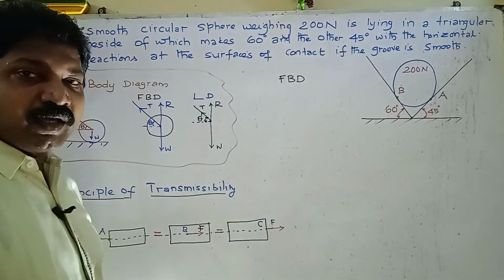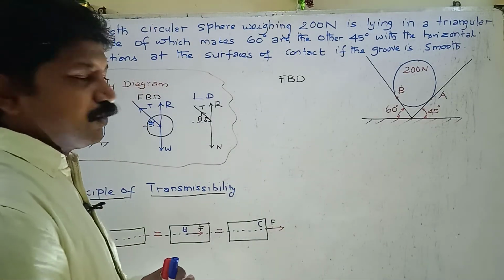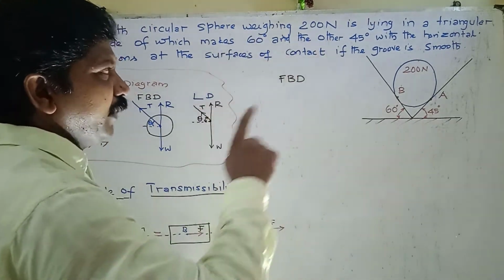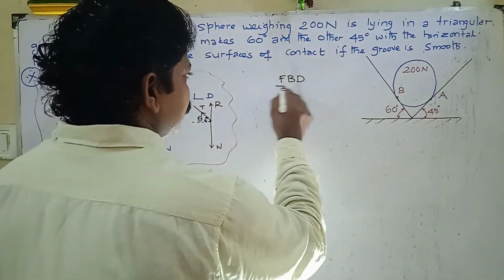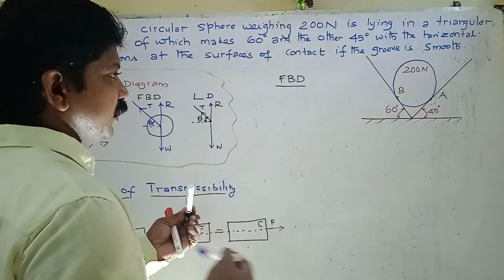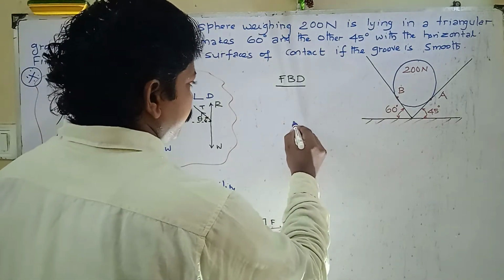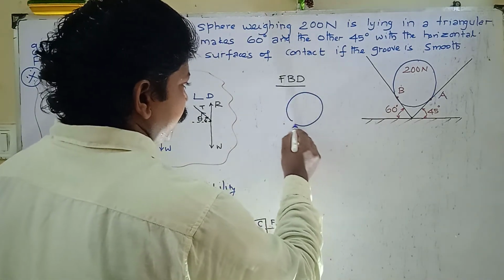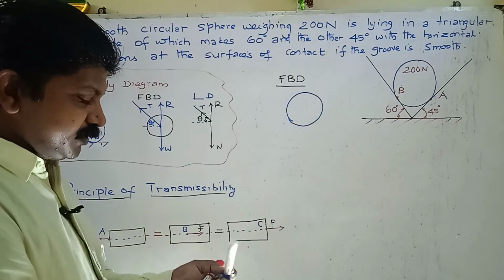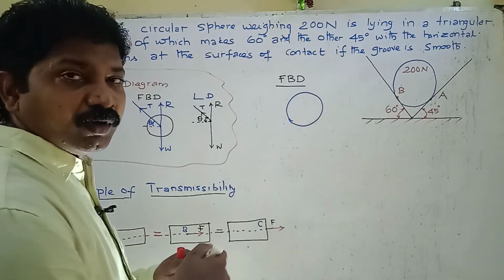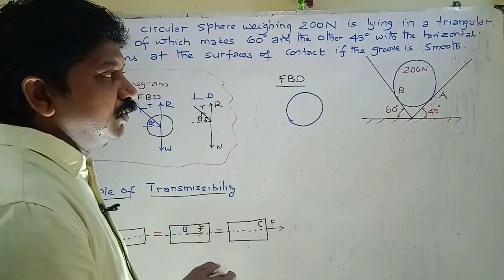How to draw the free body diagram? Isolate the body. The main body is the sphere, so isolate the body from the surrounding first, and represent all the forces acting on it. What are the forces acting on the sphere?